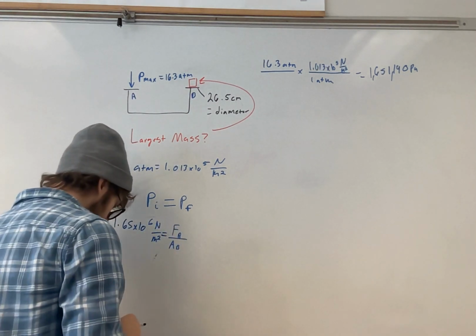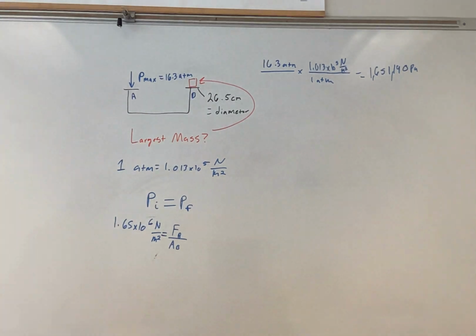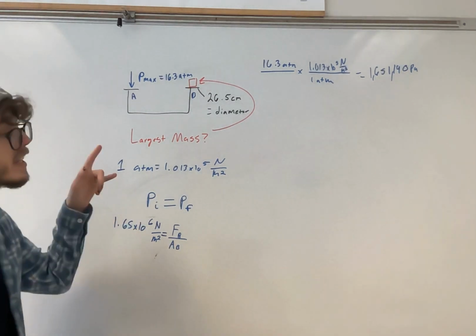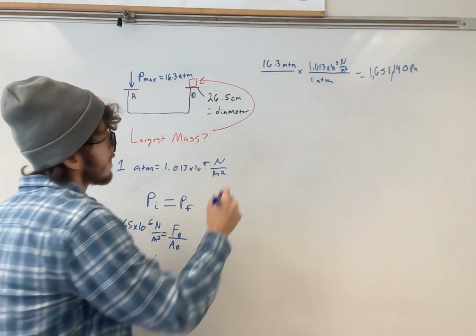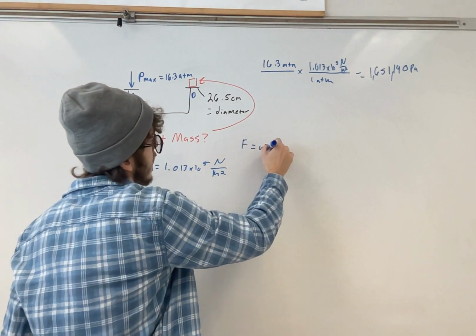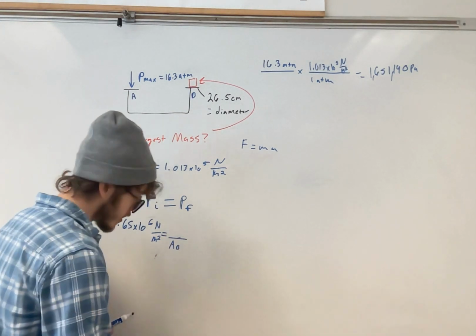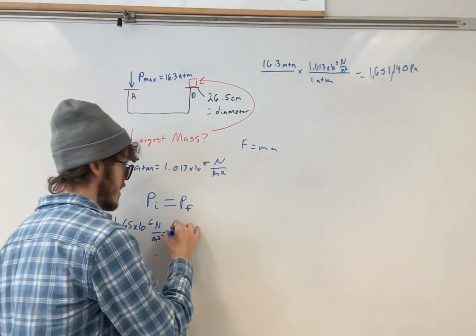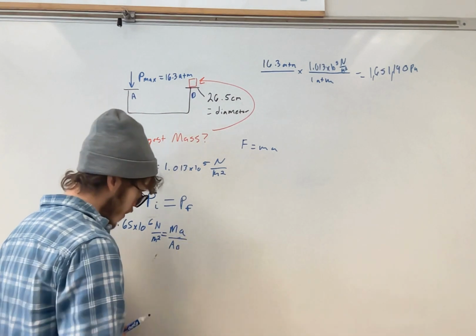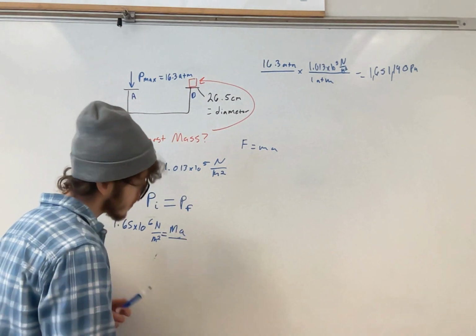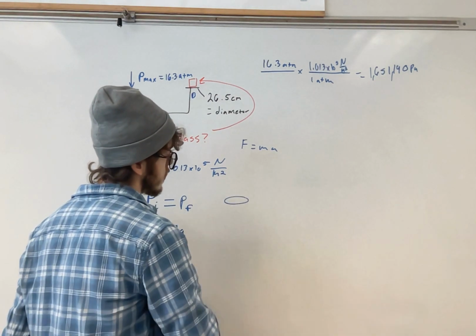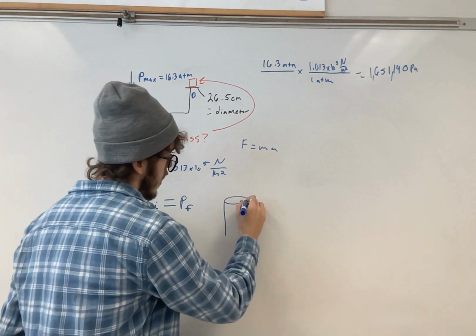Okay, so now we need to calculate one of these. And we can actually expand this more to get the mass. We know that force equals mass times acceleration. So we can say the force is really just the mass times the acceleration. And we know that this is a piston, and pistons are cylindrical, like that.